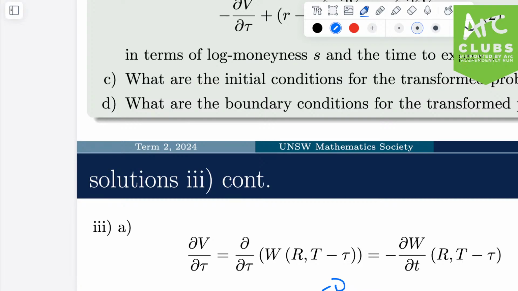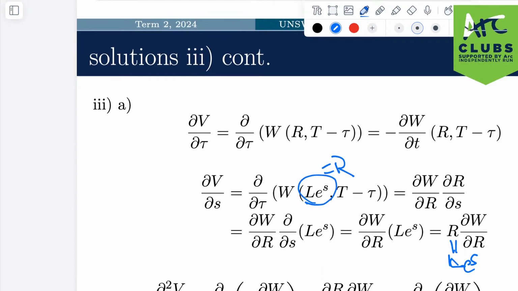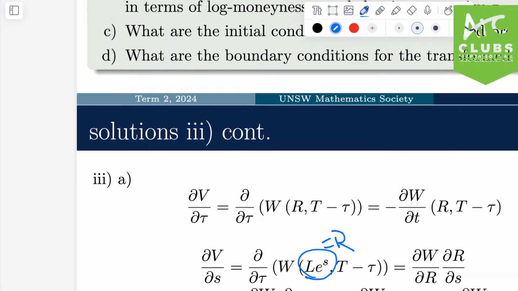So R here is still just equal to L e^S, so that we are left with an expression in terms of dW/dR. I guess it just makes the derivative easier. And then we can just do it again for the second derivative.